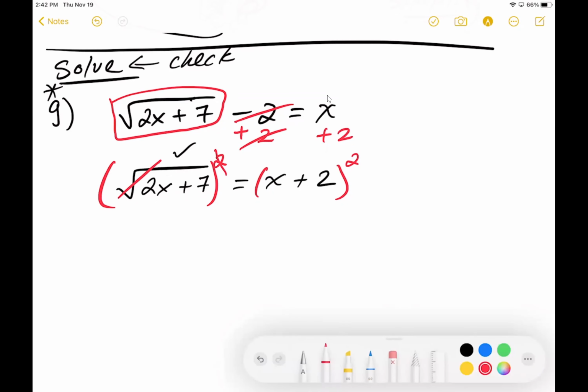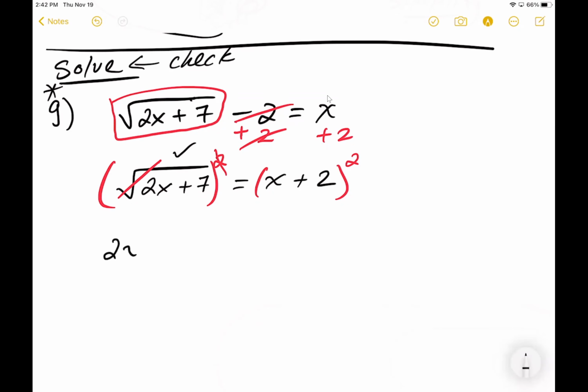So this is what we have: 2x plus 7 on the outside, equal to x plus 2 times x plus 2. The reason is because of this square, we need to write the x plus 2 twice.